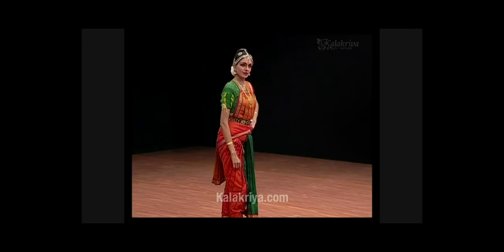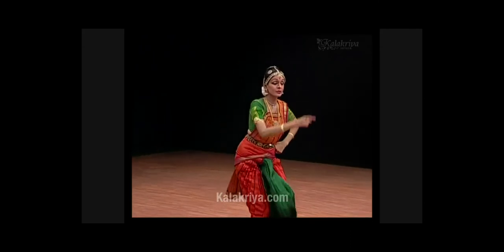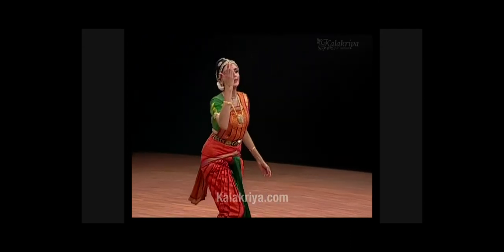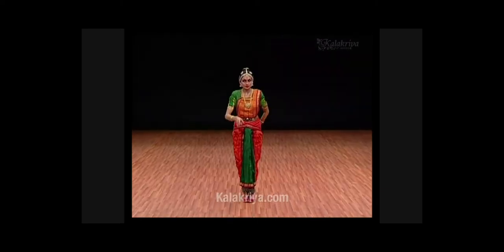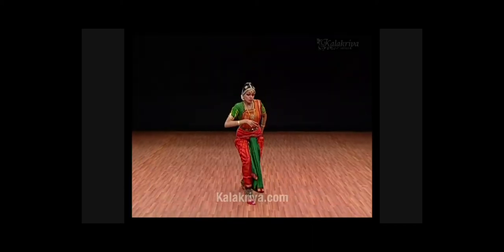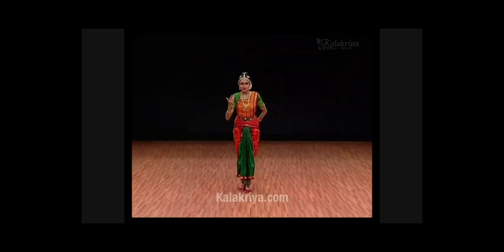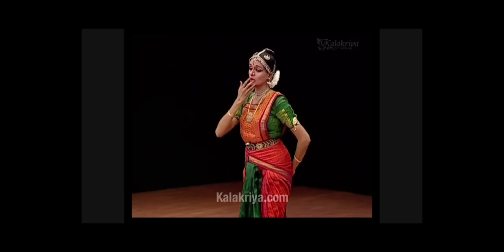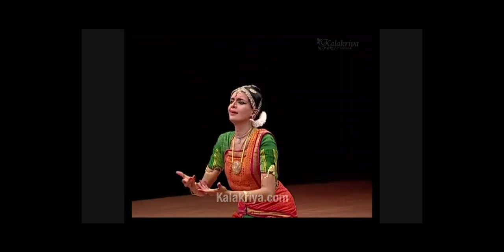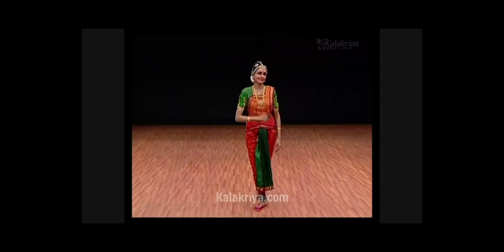Me matale mayanora. Me matale mayanora. Me matale mayanora. Sami balkarani matale mayanora. Sami balkarani matale mayanora.